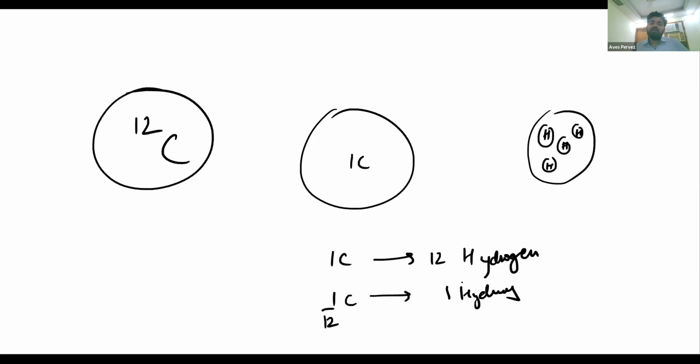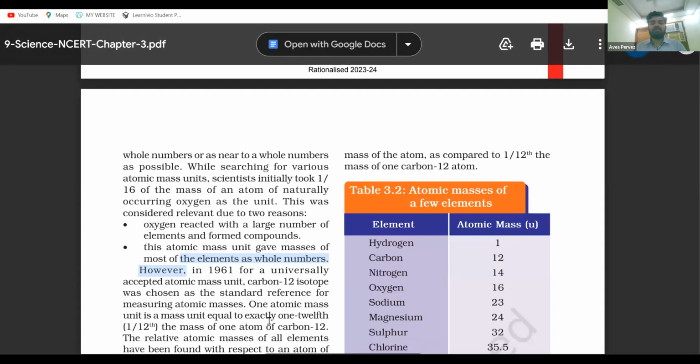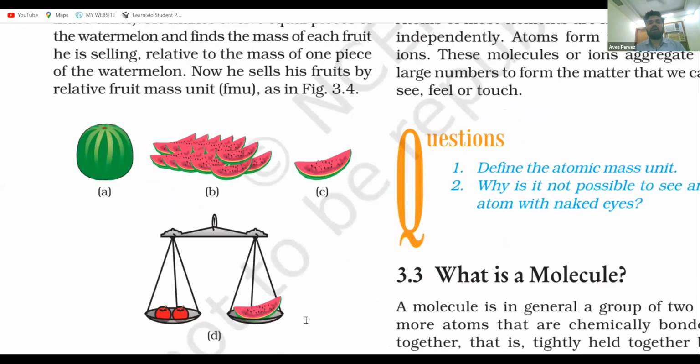Later, we did not choose the whole carbon atom as the standard mass. We just chose its 1/12 part. For example, NCERT explains it like this: you have one watermelon, consider this watermelon as carbon, and you divide it into 12 pieces.